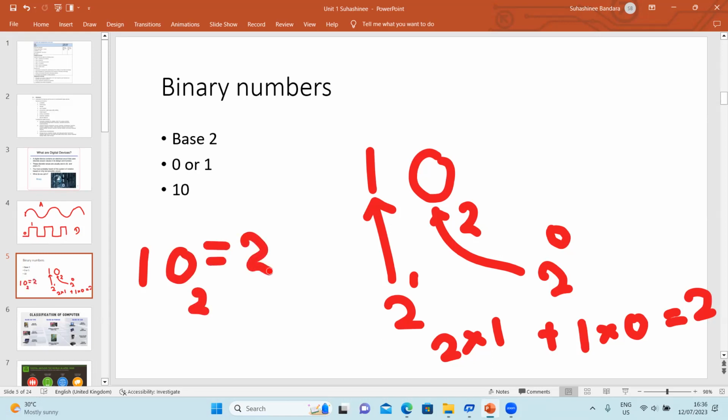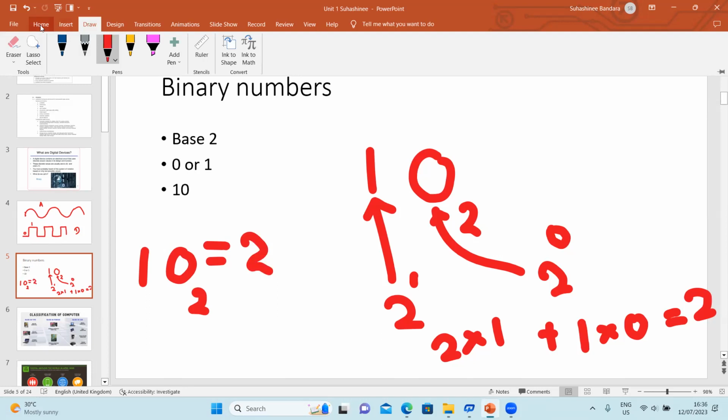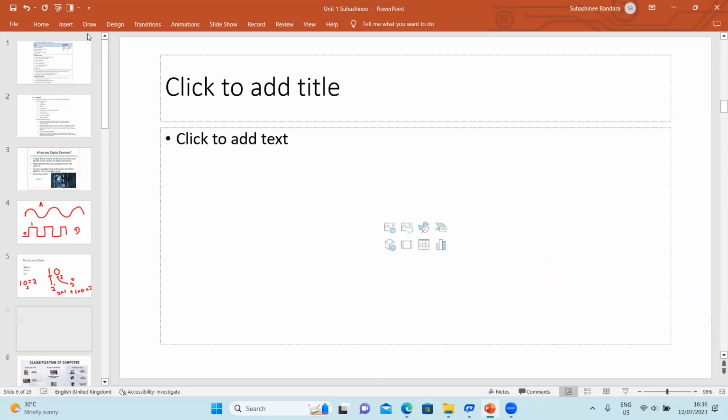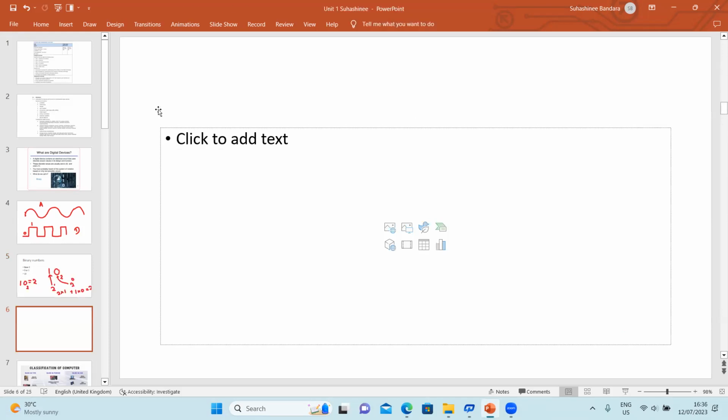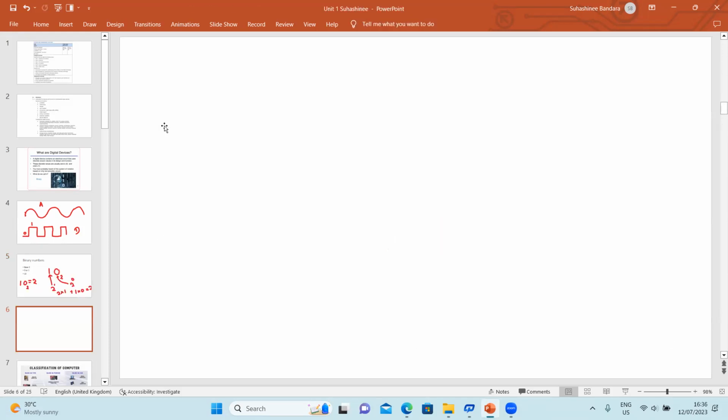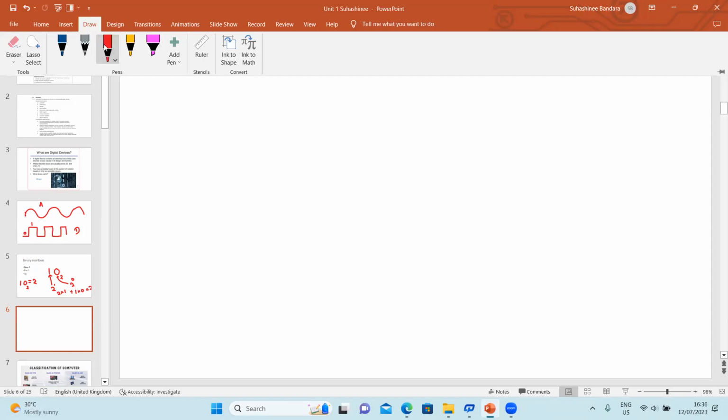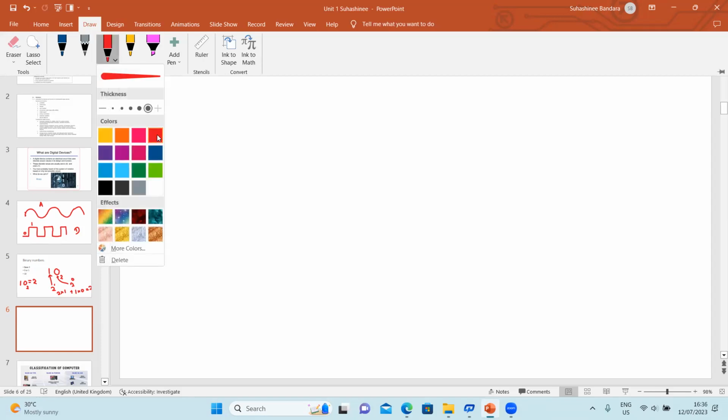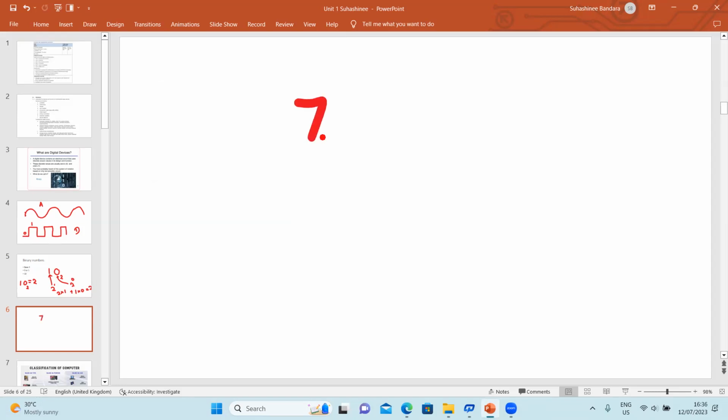Is this clear? Then when you were in grade 9, you did the same thing. Okay, in grade 8, can you remember? You got a number something like 7 base 10 and were asked to convert it into binary, base 2.